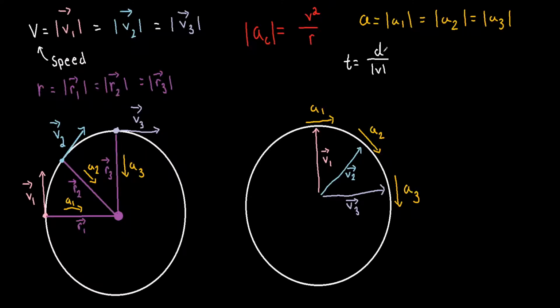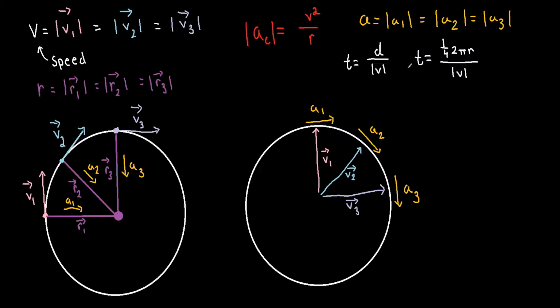So we can replace our distance with 1/4 2 pi r. So we have that our time is equal to 1/4 times 2 pi r, since it's only 1/4 of the circle we are traveling, all divided by our speed. So this is going to equal the time it takes the object to complete its path.